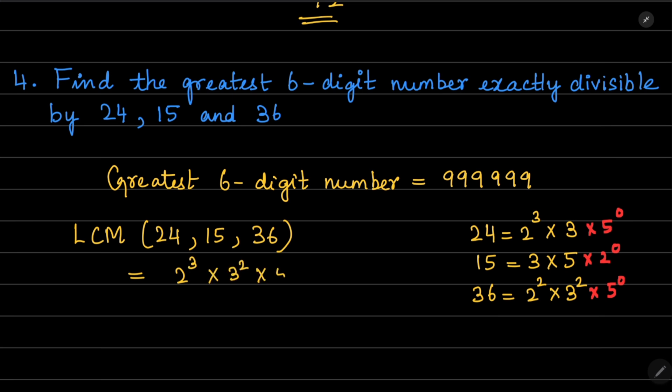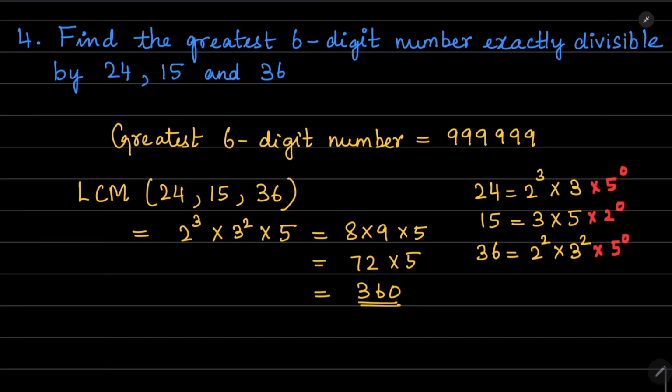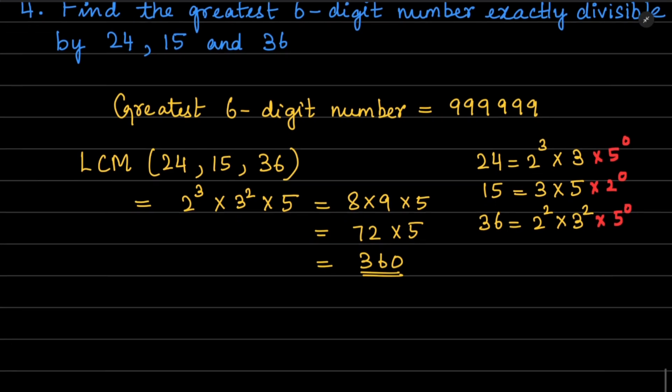And for 5, it is 5. So here you have 2 cube, 8, multiplied by 9, multiplied by 5. So you have 72 multiplied by 5, which is nothing but 360. So what does it mean? 360 is the smallest number which is divisible by all these three numbers.